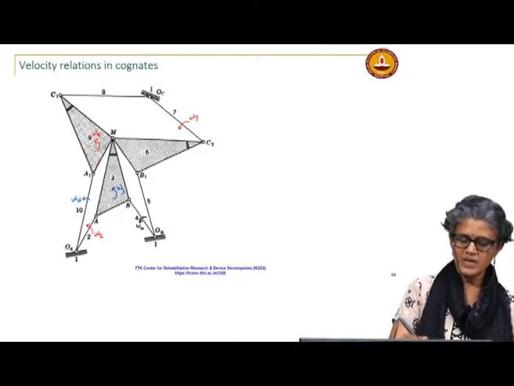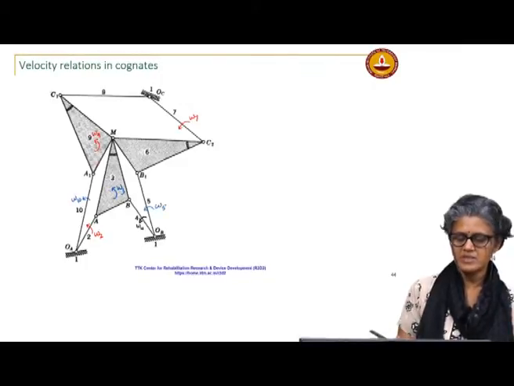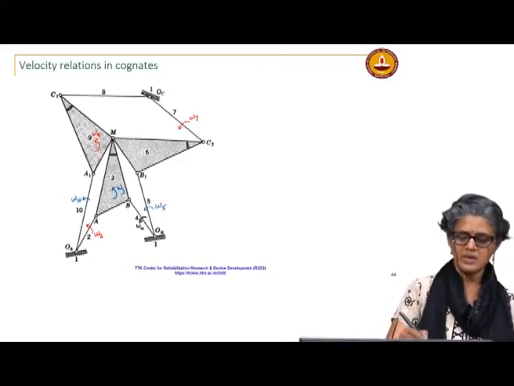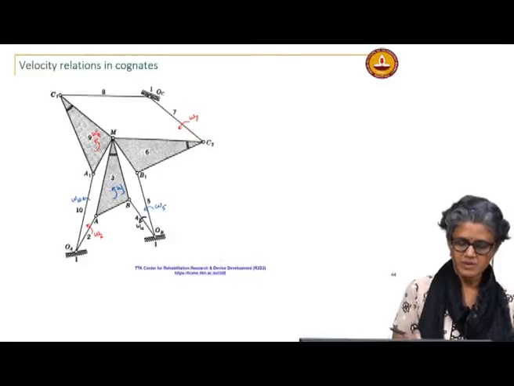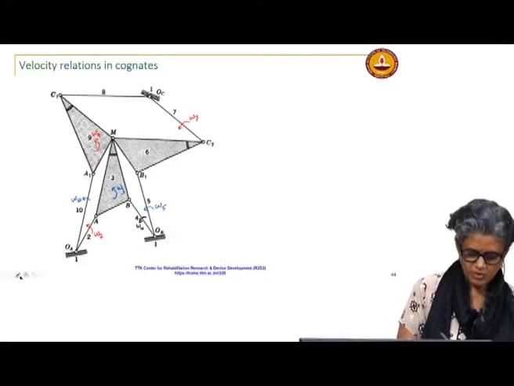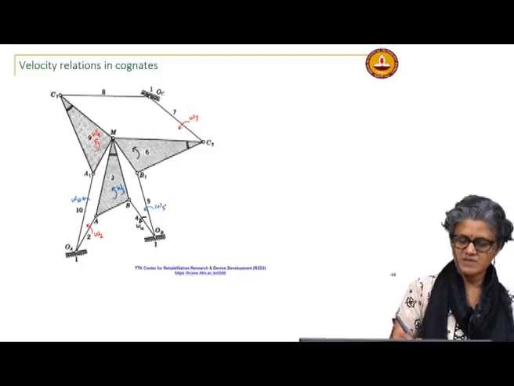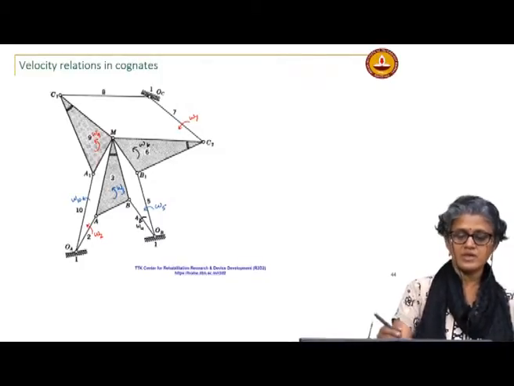And here omega 3 will be the same as omega 5 in this cognate, because MB is parallel to OBB1. And then omega 4 is going to be, because MB1 is parallel, omega 6 will be equal to omega 4 and therefore, omega 8.